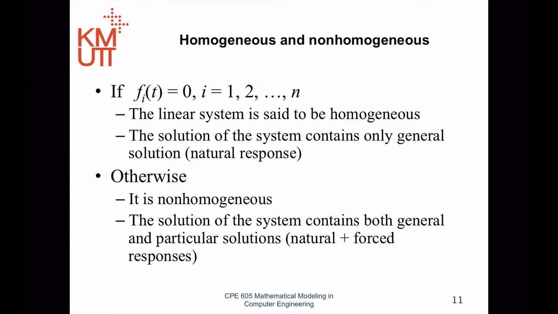You may also know the term as the transient response. But if f(t) is not 0, then you have a non-homogeneous system, which creates a situation where the solution of the system contains both the general and particular solution, both the natural and forced responses.